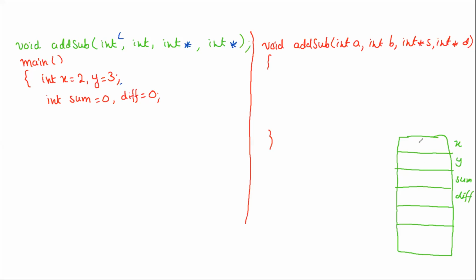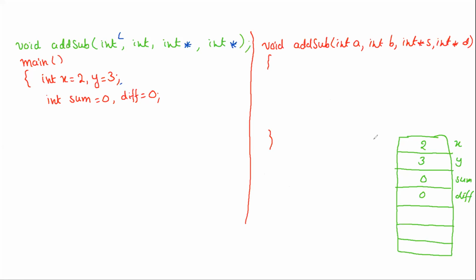All of these four variables have some values, so let's call them 2, 3, 0, 0. But one more thing we should add, since we are dealing with pointers, is the addresses of these locations. We don't know the exact addresses, but let's write some random numbers.